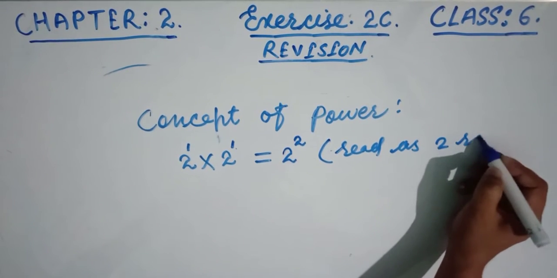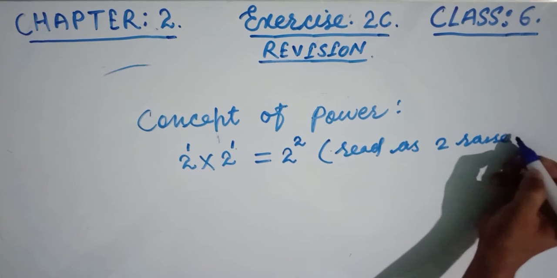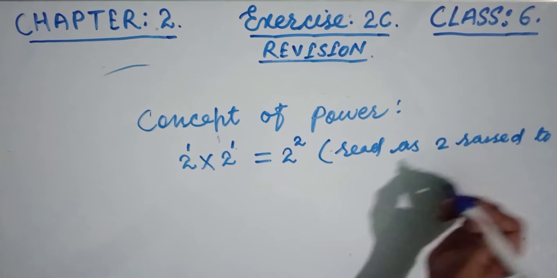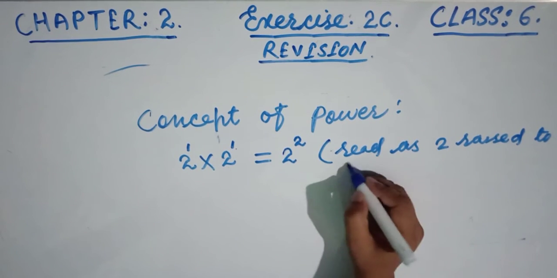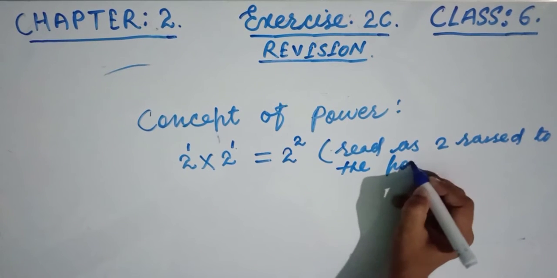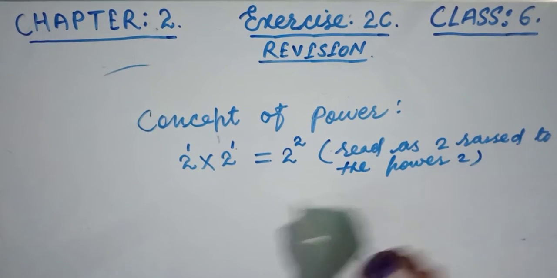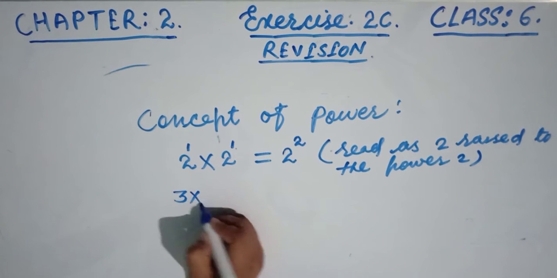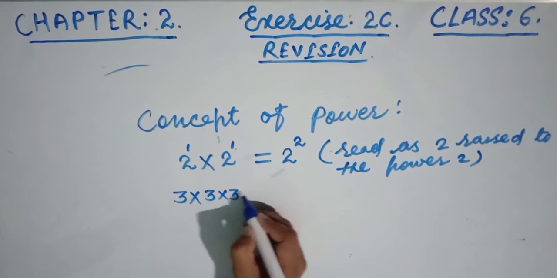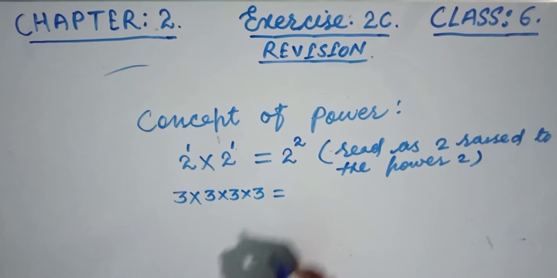2 raised to the power 2. Similarly, we can write 3 multiplied by 3 multiplied by 3 multiplied by 3, suppose 4 times. Then the number 3 is multiplied 4 times.